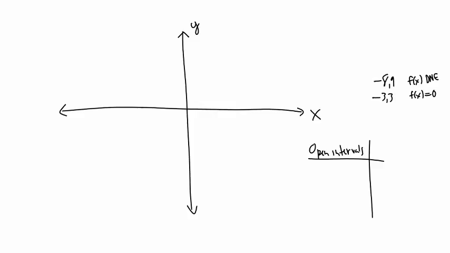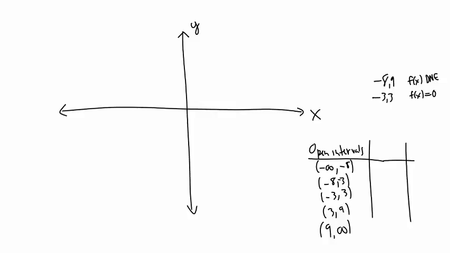So we break up the real number line at those 4 numbers, and we get 5 intervals, 5 open intervals. And we know that on each of these open intervals, the function is either all positive or all negative.